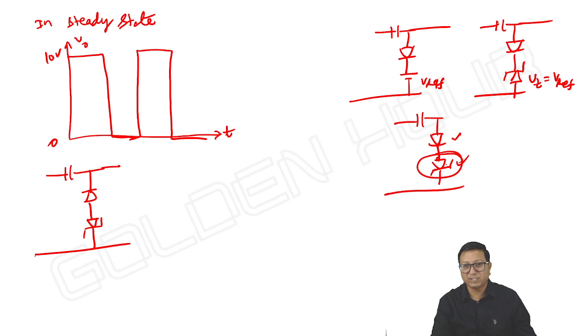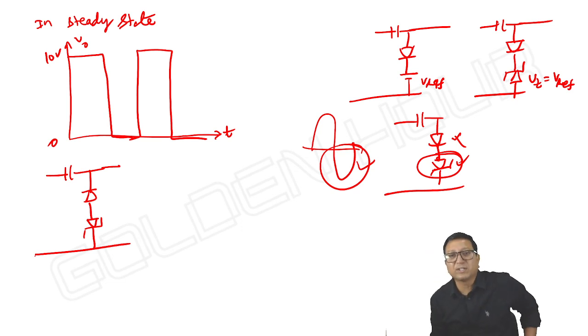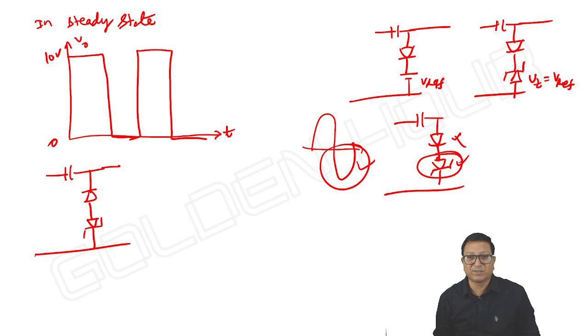For this to undergo breakdown, input should be in the negative cycle, no doubt about it. But when input is negative, the ordinary diode D never conducts at all. Then even though you have the Zener diode, it does not play any role. So this is an invalid circuit. This circuit won't give the output according to our expectations.